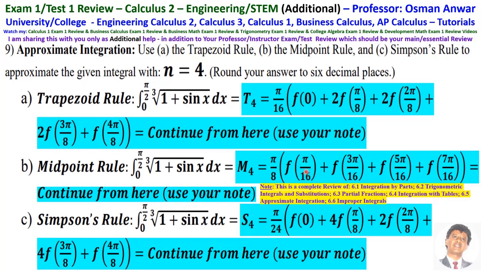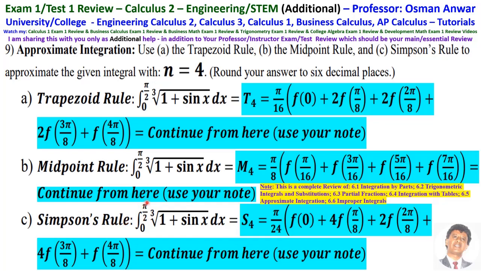Then you evaluate 1 plus sine pi over 16, take cubic root of that, sine of 3 pi over 16 plus 1, then take cubic root of that, sine of 5 pi over 16 plus 1, take cubic root of that, sine of 7 pi over 16 plus 1, then take cubic root of that, add all these points, then multiply them by pi over 8, and that's your answer.